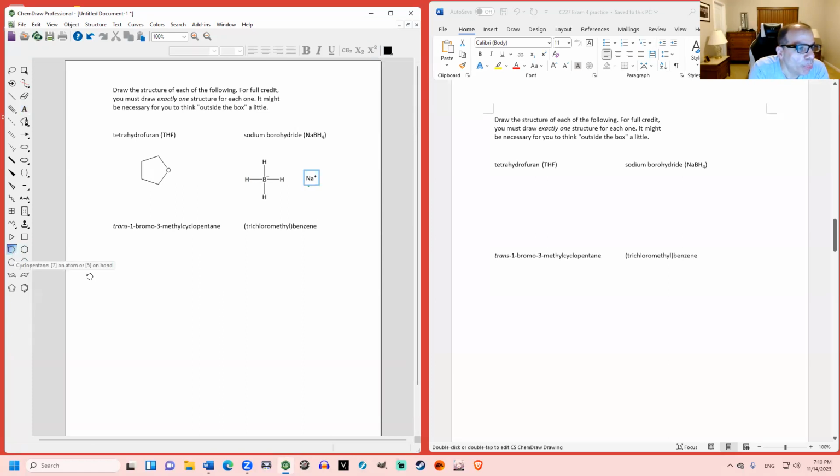Trans 1-bromo-3-methyl cyclopentane. Actually, I'm not sure that belongs in chapters 8 and 9. That's more of a, well, it could be a chapter 10 question. It could be a chapter 3 question.